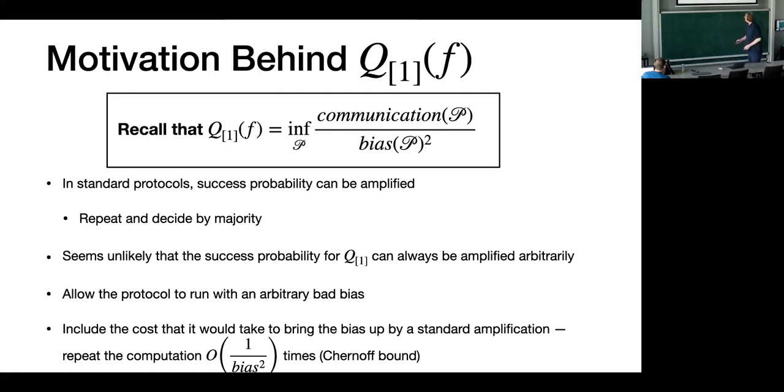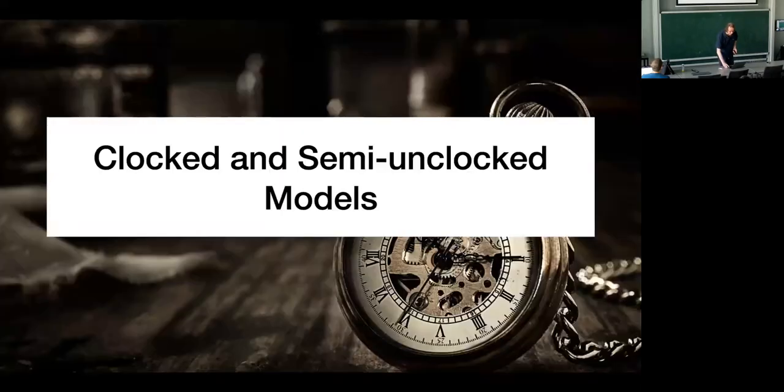Using just repetition cannot actually be done in the model, because you would have to count how many acceptances, how many rejections, and you can't really do that. But you can take your protocol and factor in the cost of the number of repetitions needed to classically get a good enough error bound.